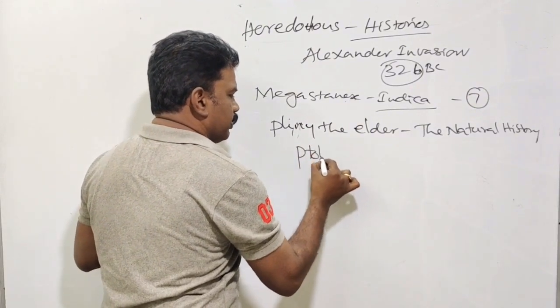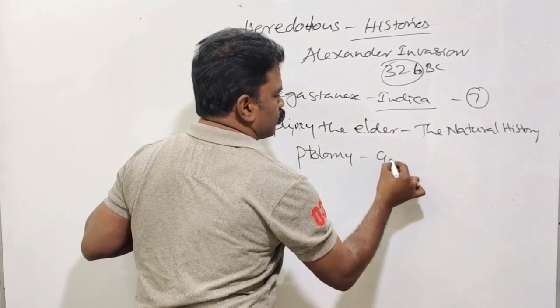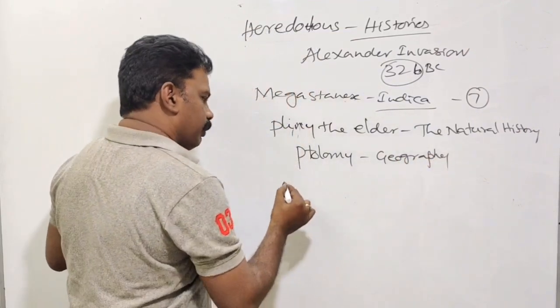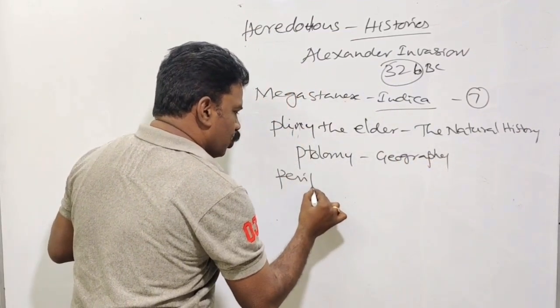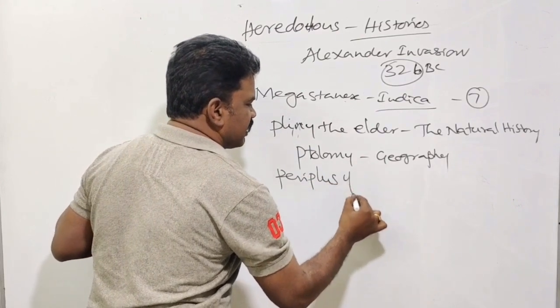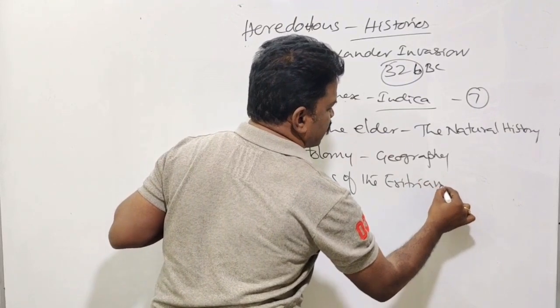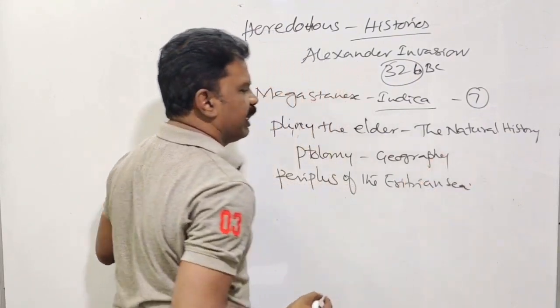Ptolemy wrote Geography. Periplus of the Erythraean Sea was written by an unknown writer.